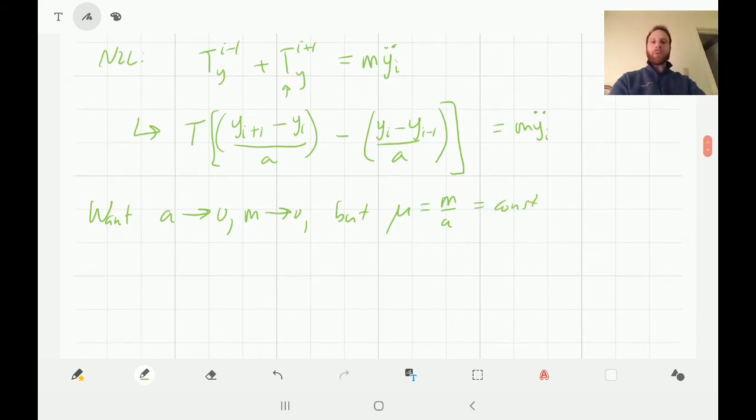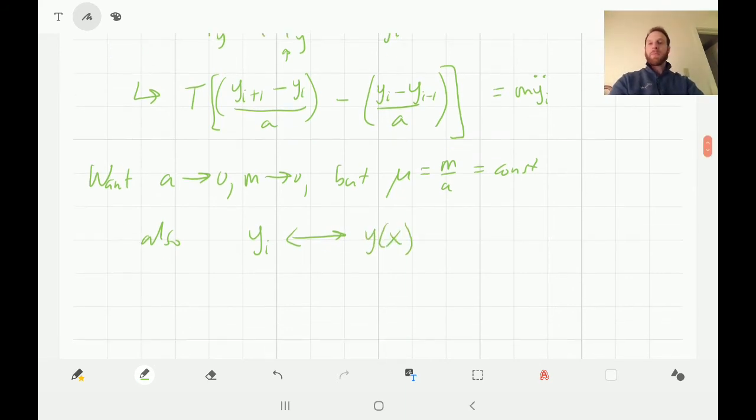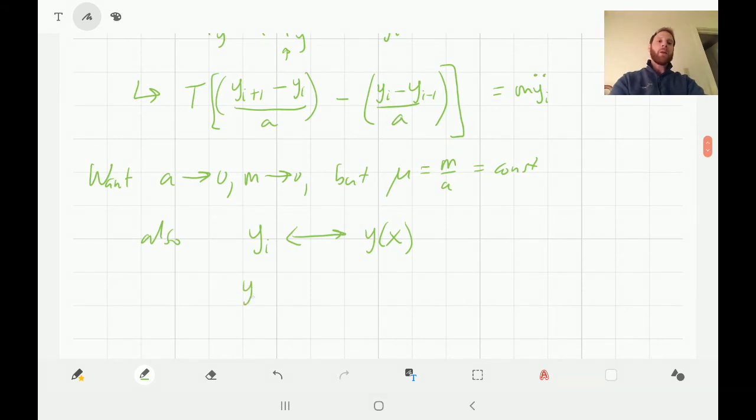As we do that, we will also identify yi, the vertical location of that particular mass, with y of the continuous variable x. What that means is something like yi plus 1 would be identified with y at x plus a, and so on.